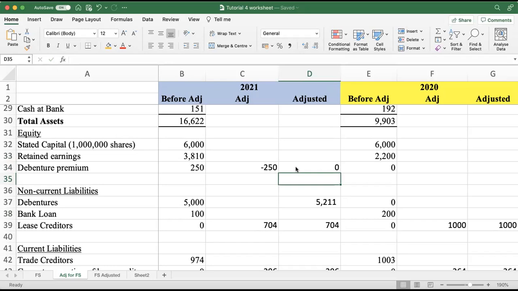If you record the debenture liability at nominal value, then the premium comes. But we don't record it at nominal value. We record the debenture liability at amortized cost, 5,211. Then there should not be any premium, so you have to remove the premium from the accounts.